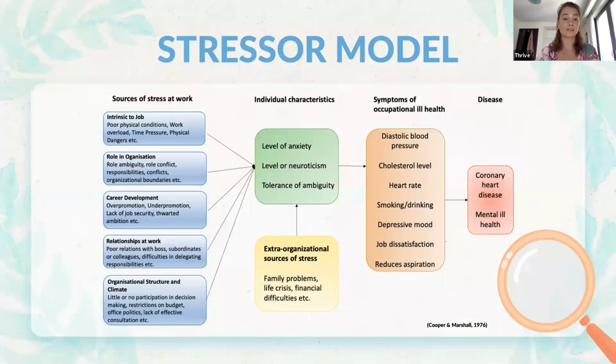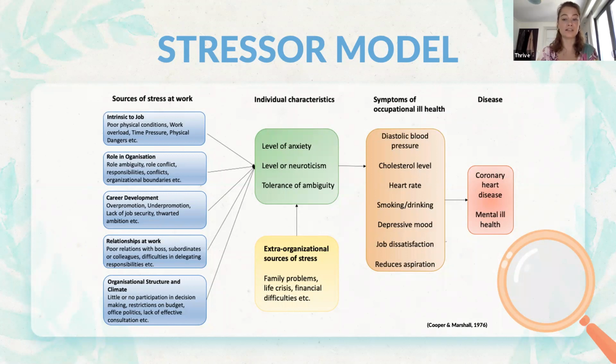So two researchers, Cooper and Marshall, have developed a holistic model illustrating all the different factors that need to be taken into account when trying to understand what stressors employees may be facing and how this can affect them. They came up with different categories for stress at work.